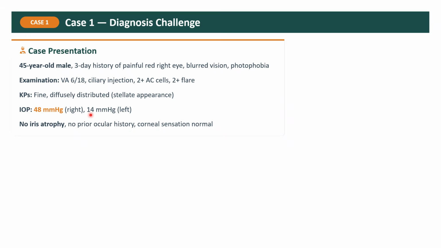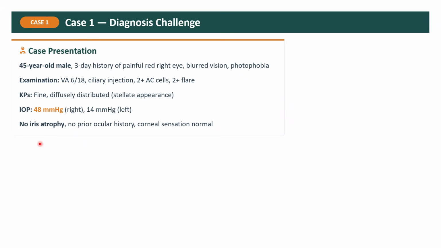However, it can also present as non-granulomatous uveitis. But here, fine distributed KPs means non-granulomatous uveitis. The other positive point is that the tension is very high, 48 mmHg, which is in favor of cytomegalovirus. Herpes simplex can also present with high intraocular pressure, but not to this extent.